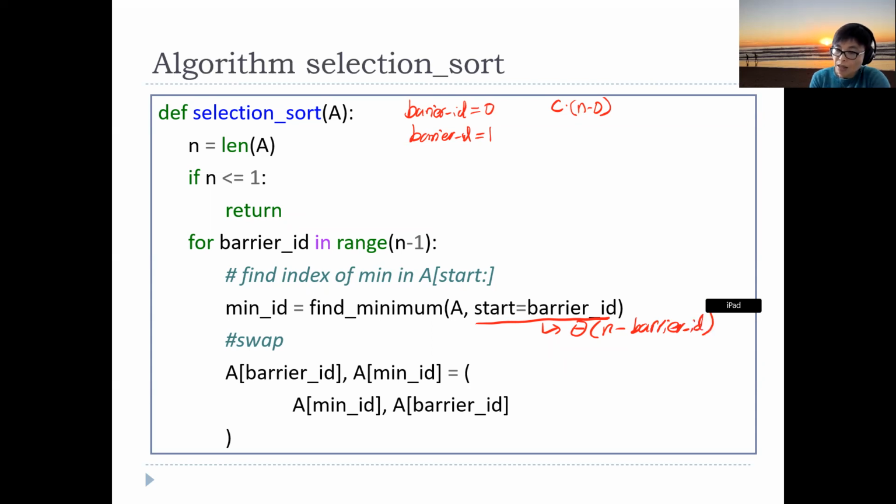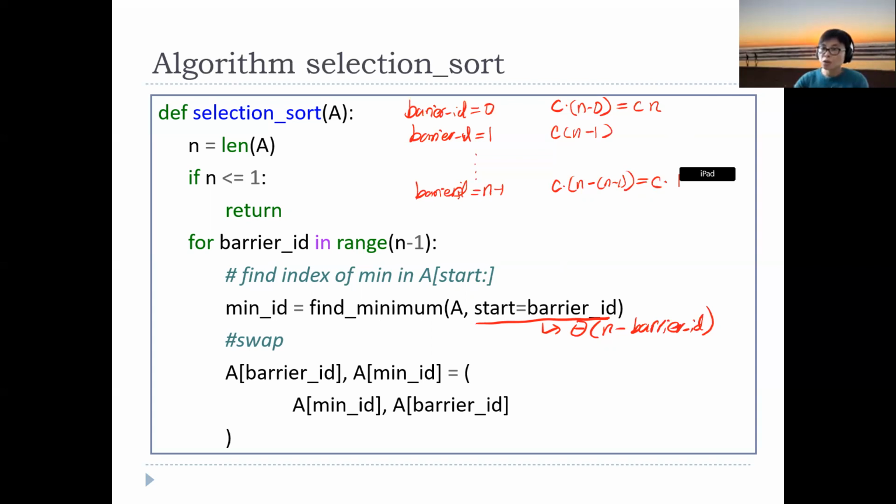You only check everything to the right of the barrier ID, so as barrier ID increases, the size you're checking gets smaller. As barrier ID goes to n minus 1, we check C times n minus (n minus 1), which equals C times 1.